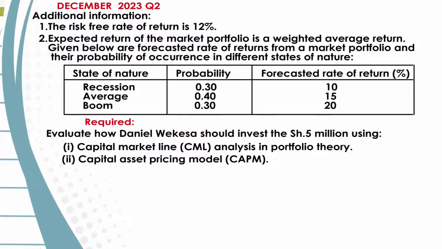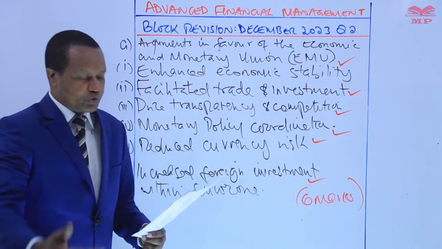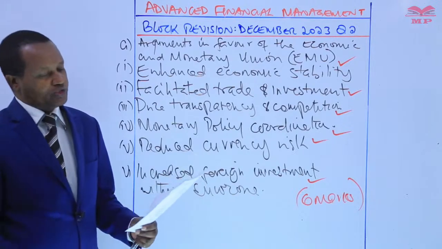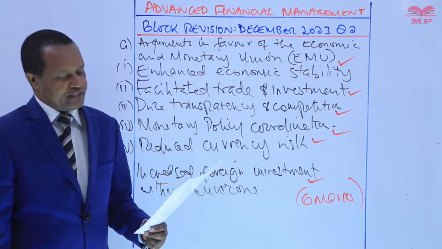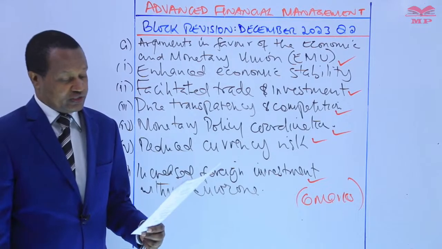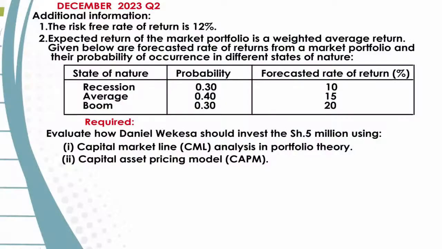That is the question. I want you candidates to go through the question again on your own, then go through it another time so that you understand the question well. And the question tested the candidate's knowledge on two things: the capital market line and the capital asset pricing model.